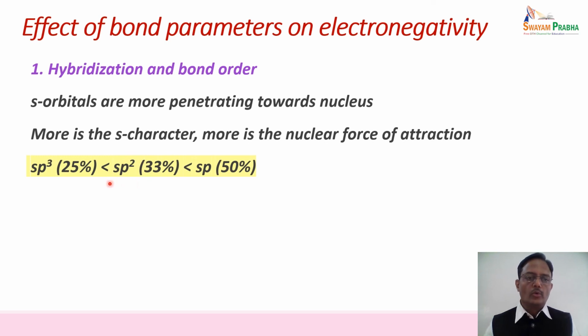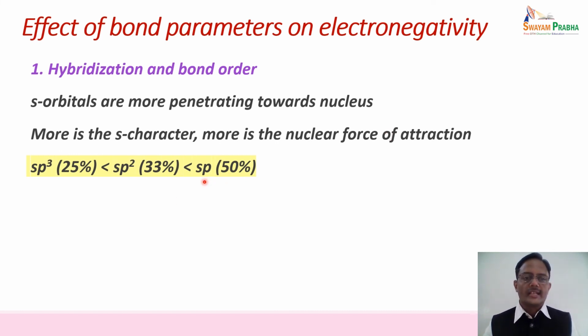Similarly, sp2 hybridization has 33% s character and 66% p character, and sp hybridization has 50% s character and 50% p character. So if we see these three hybridizations, we can find that sp hybridization has the highest percentage s character.